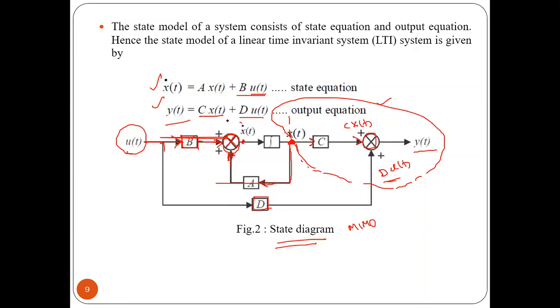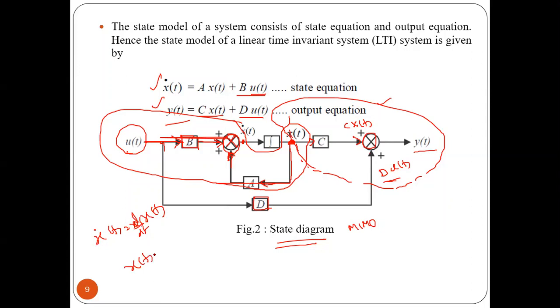But here, after implementing this part, you have a gap between x dot of t and x of t. So how can you relate these two variables? Since x dot of t is equal to d by dt of x of t, if you want x of t, you can write it as integral of x dot of t dt.